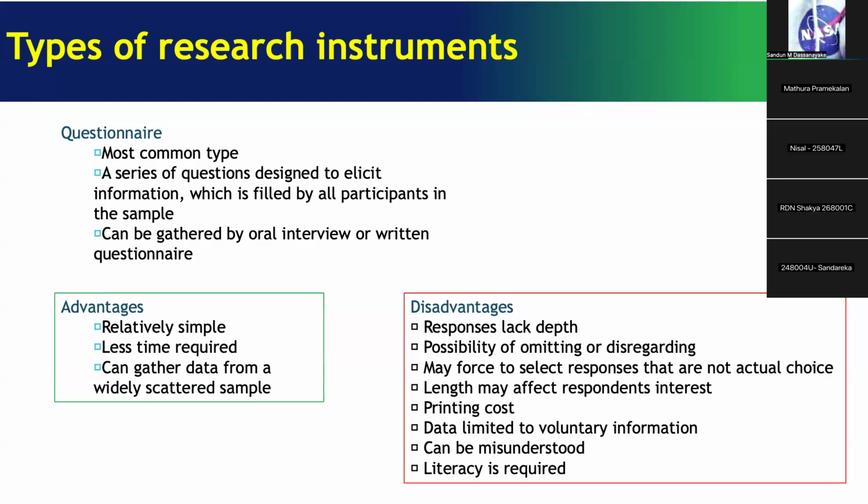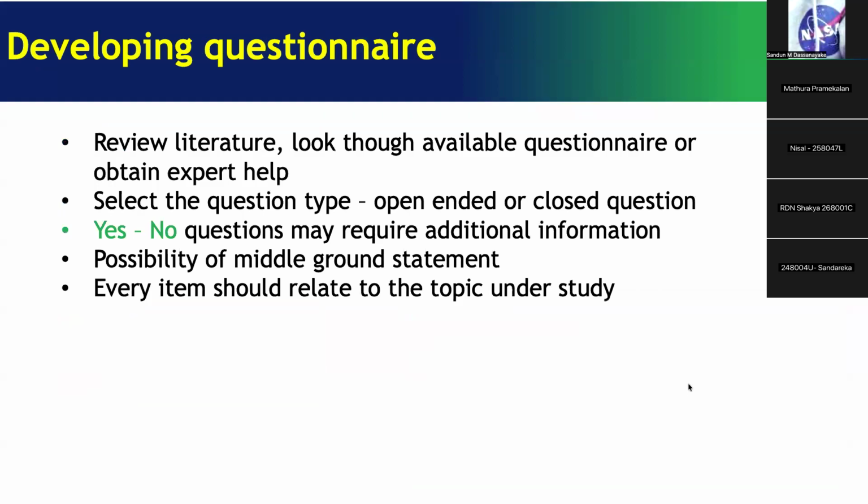And then the printing cost, if you are giving it as printed material. Data limited to voluntary information. If it is a specific group, then it's voluntary information. Can be misunderstood as well. And as I said, literacy is required. So this is something we have to think about when we are doing this type of data collection.